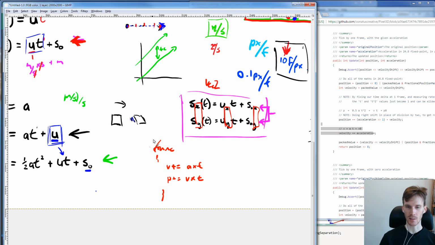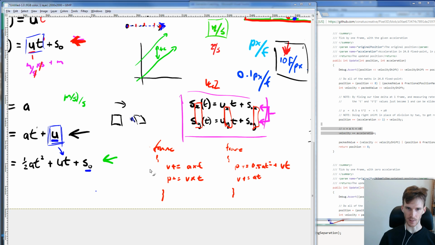This is the naive way of doing it, but the better way is what we've done here. For every frame, position plus equals 0.5 a t squared plus vt, and then velocity plus equals acceleration times time.